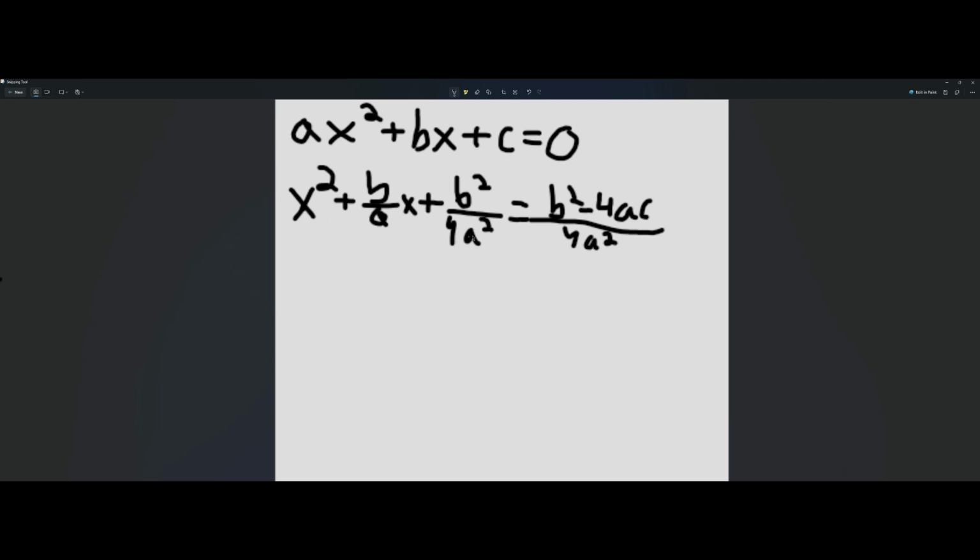Okay, so now let's factor what we have on this side of the equation. So what multiplies to b squared over 4a squared and adds to b over a? Well, I'll save you the thought process, and it should be b over 2a. Because if we multiply it by itself, we get b squared over 4a squared. And if we add it, we will get b over a. And if that's a little hard to understand, I could put it like this.